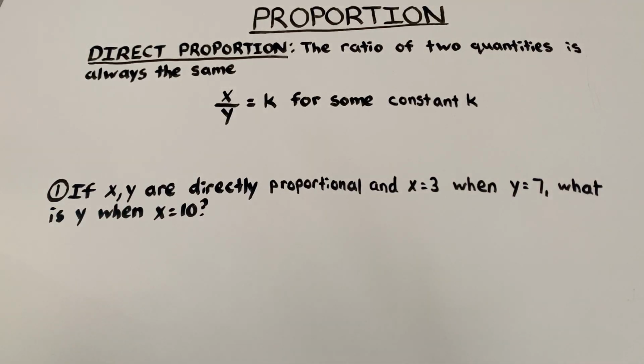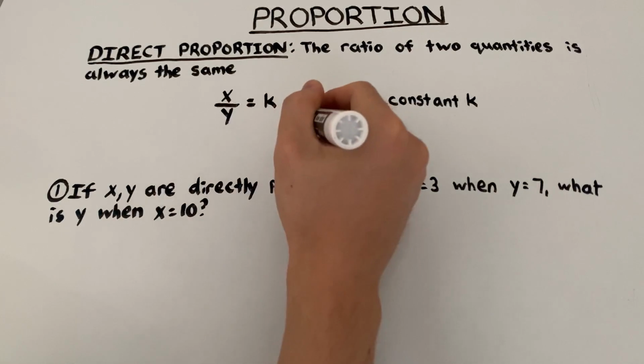Now, before jumping into our first problem, I just want to make a little note. Notice that in direct proportion, increasing one quantity means the other must increase as well. For example, let's say you were given the ratio 2 over 3.